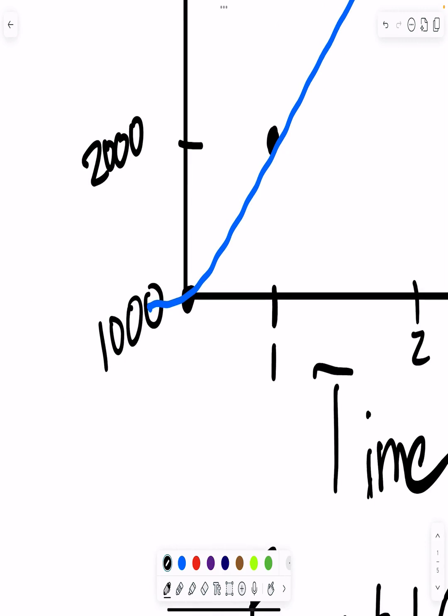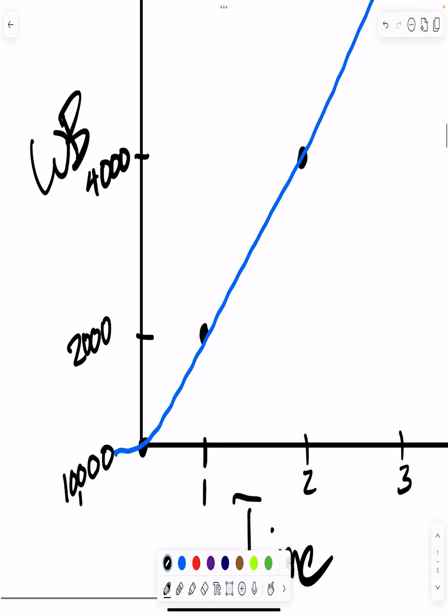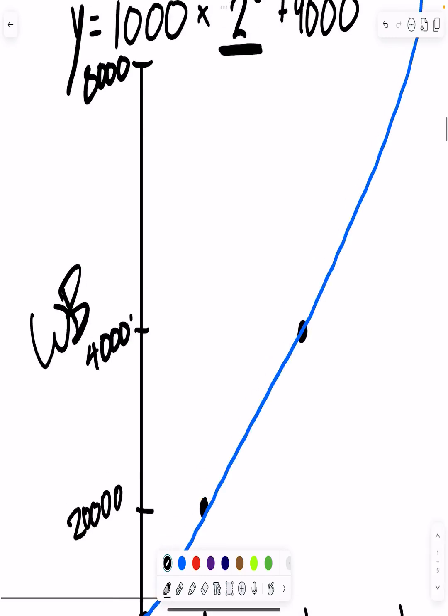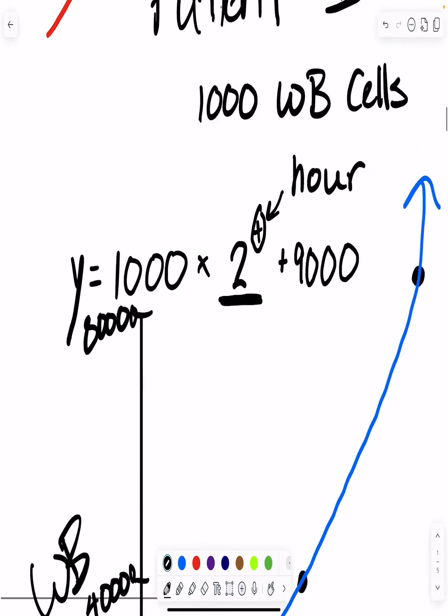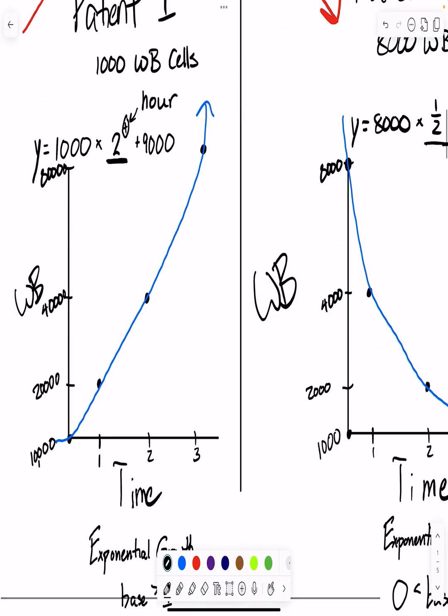So in fact, here it is 10,000. And then we are in fact doubling that, so that would be 20,000, this would be 40,000, this would be 80,000. All right, so that would be the change.